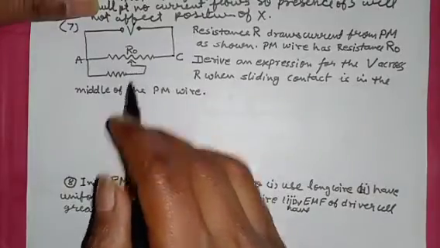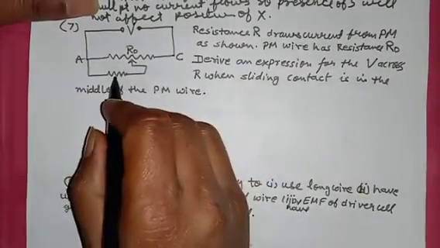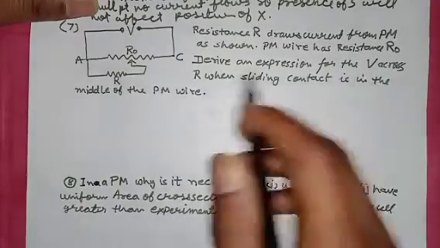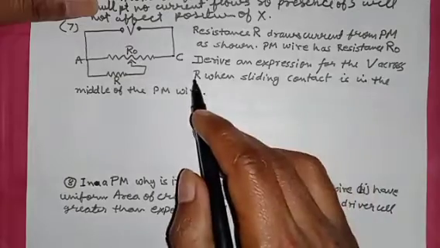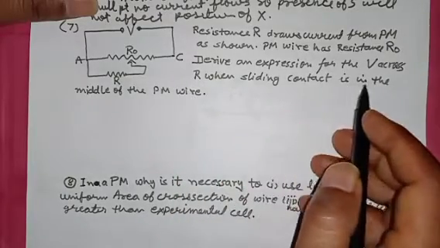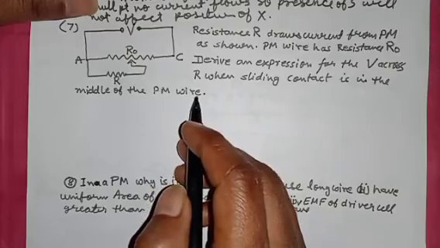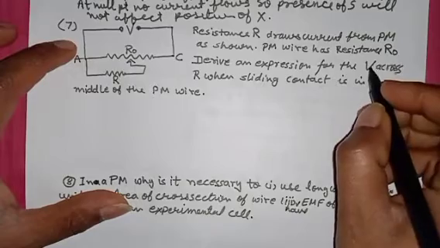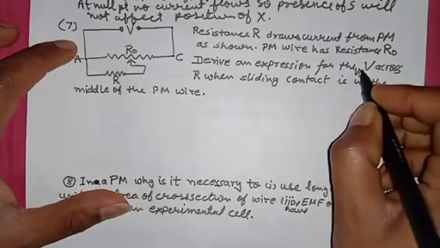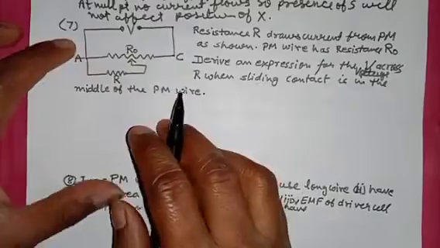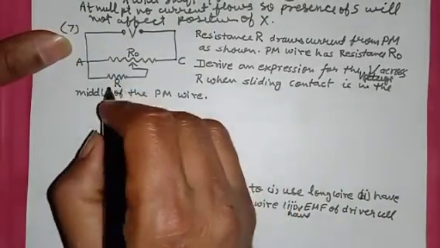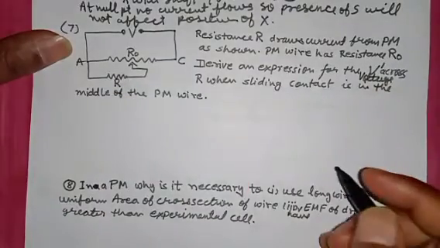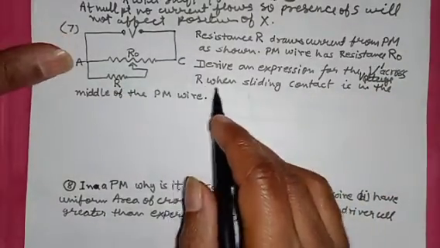Actually, I didn't mention here, this is R. Derive an expression for V across R when the sliding contact is in the middle of the potentiometer wire. This V is not to be confused with this voltage, so to avoid confusion I am writing V dash: voltage across R when sliding contact is in the middle of the potentiometer wire.